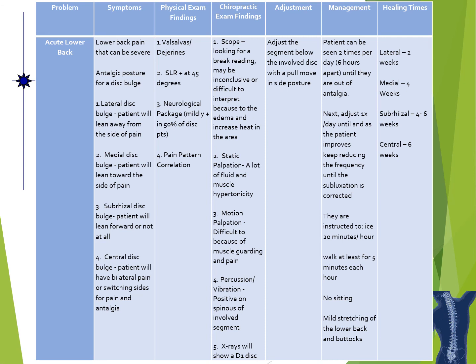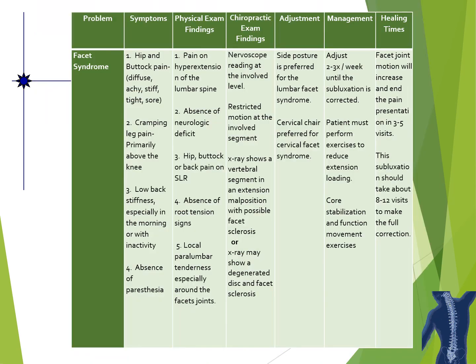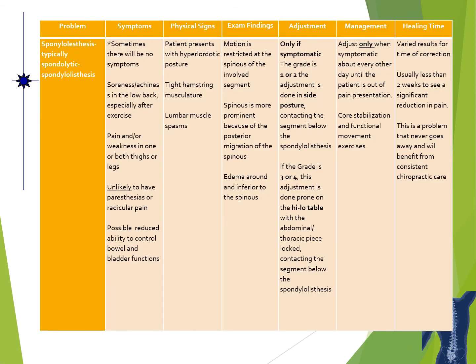So for a quick study guide when preparing for the exam, these next 3 slides, the first one here is acute lower back, the next one is facet syndrome, and the last one is the spondylo, okay?